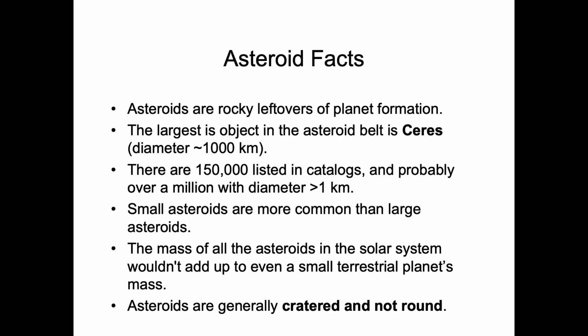Typically, when we look at asteroids, we're looking at asteroids that are not round, that are covered in craters, right? Remember that in order for something to become round, it has to have enough mass to pull itself into a round spherical shape.